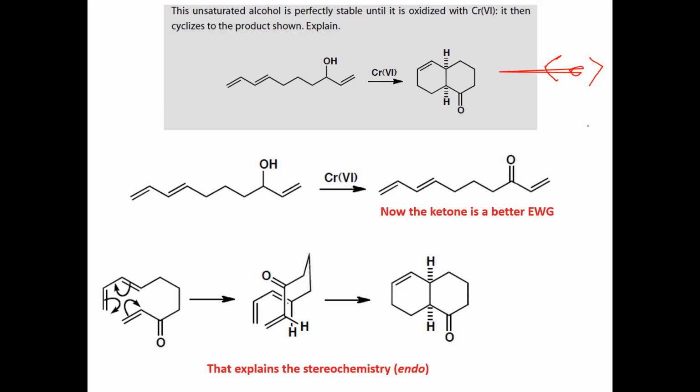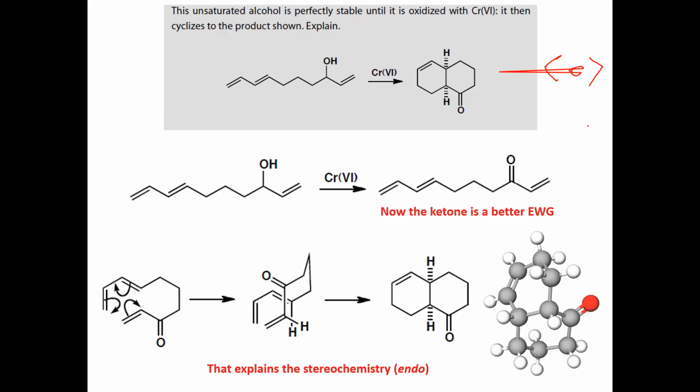So the stereochemistry can be explained with the endo formation of Diels-Alder. Remember that the endo is the one that should in theory be least favored from the thermodynamic point of view, but it's actually more stable because of the hindrance. If you want to prove it, there is a nice molview.org, I think, but I have somewhere in my slides the website that you can use to create your models.